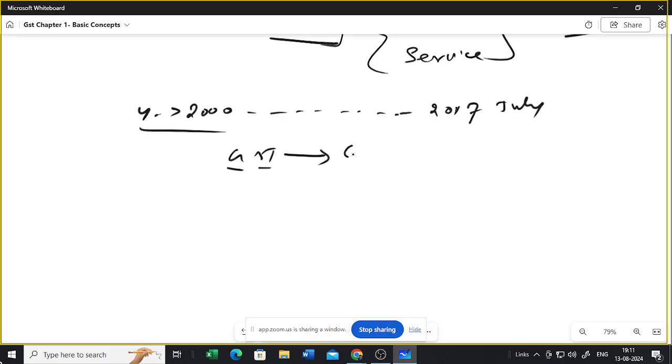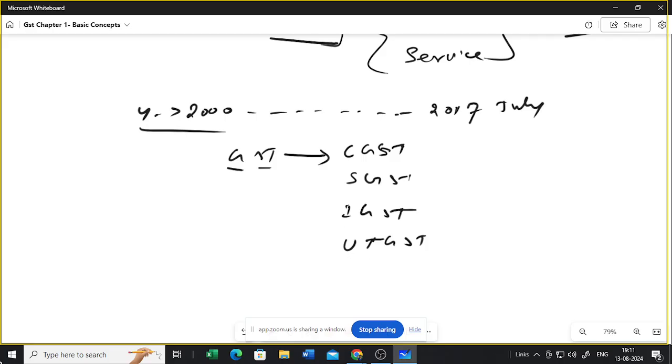We had CGST, SGST, IGST, and one more thing is UTGST. Many of you are familiar with these three types of taxes, but we have one more type called UTGST.